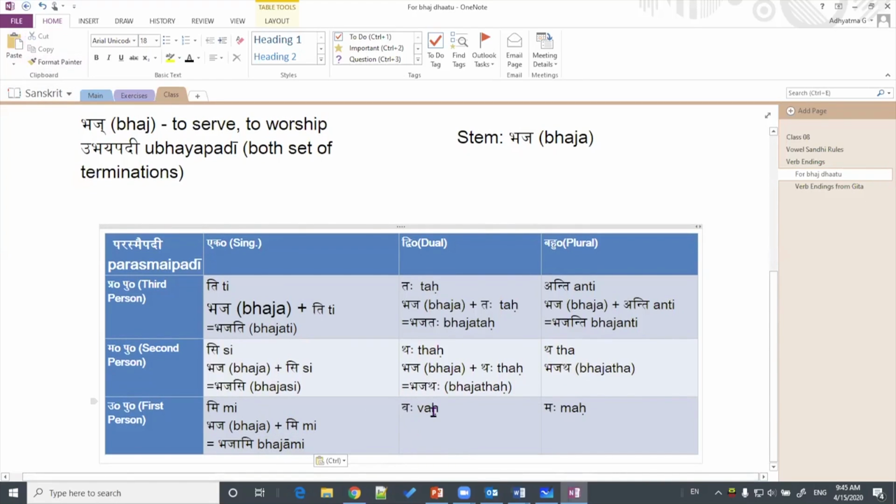Same way here. Bhaja plus vaha, it becomes bhajavaha.